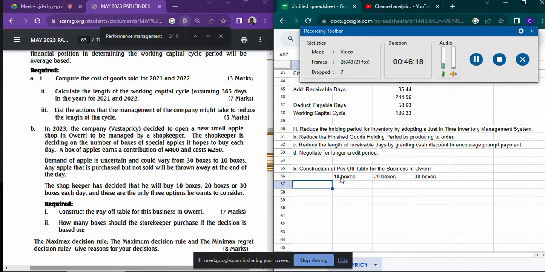Also, because he wants to sell, he can only buy first, right? So he can buy 10 boxes, he can also buy 20 boxes, and he can also buy 30 boxes. But it is not listed here that he's going to sell them. It just says here that he will buy.